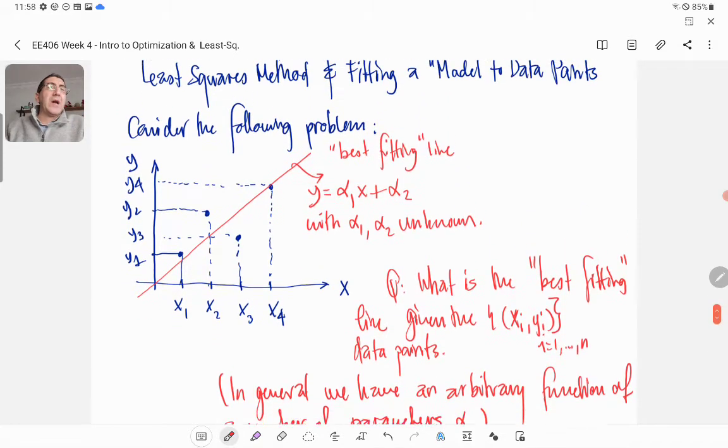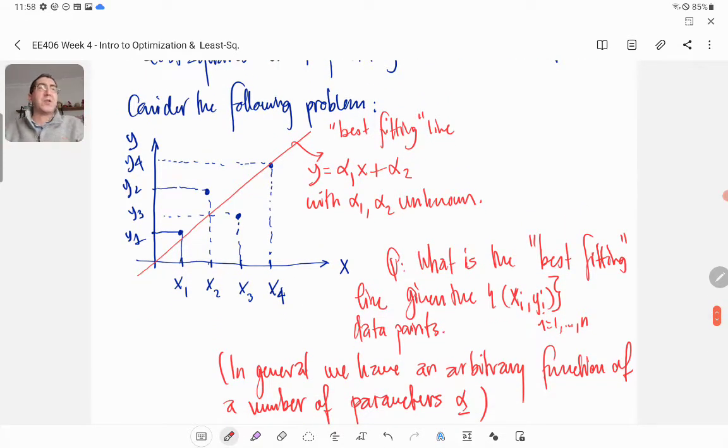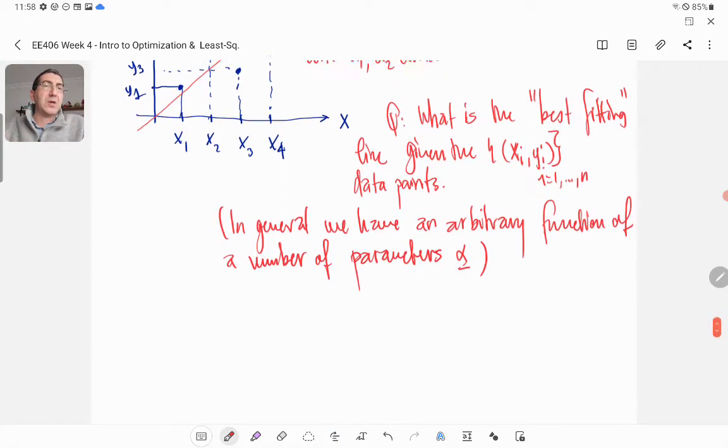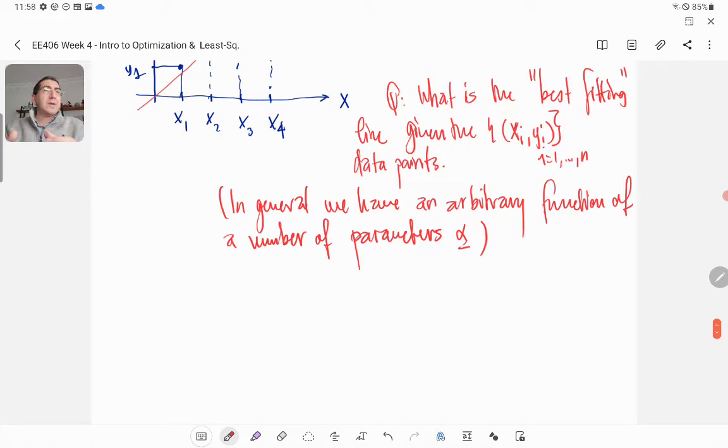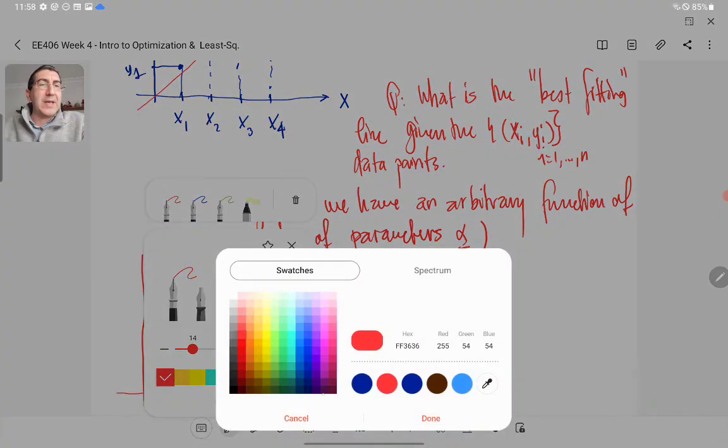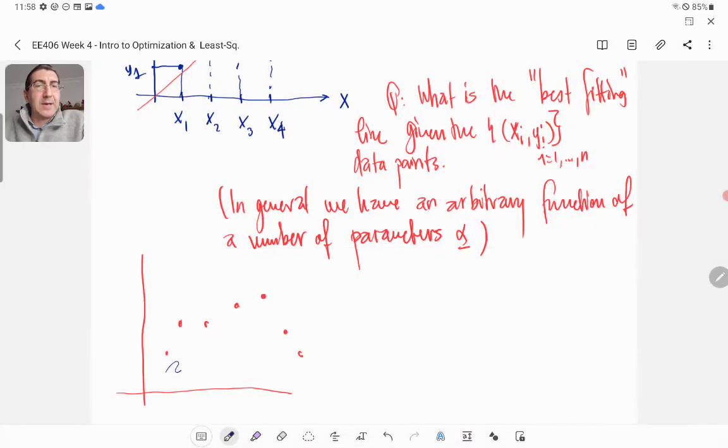So instead of a line, you can have a quadratic function. Instead of a line, you can have another function which is parametric. Somehow it has a mathematical description, but it's not necessarily a line or necessarily a quadratic function. So in that case, you will have, again, a number of data points like this, right? But then you will be looking at finding, let's say, a best fitting function like this, okay?